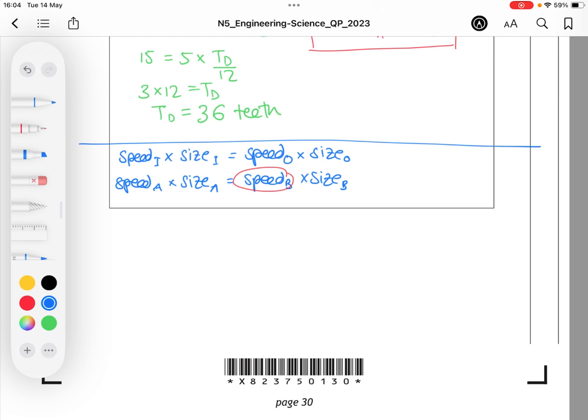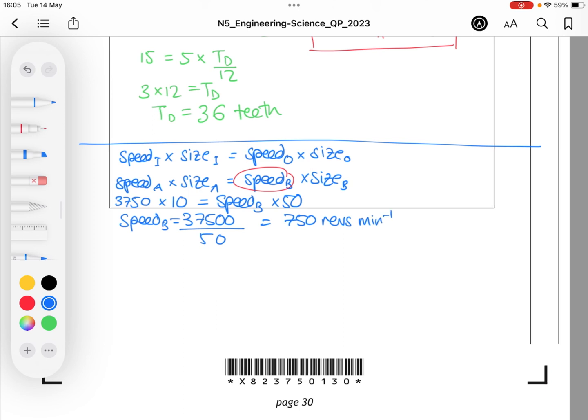So if we pop numbers in, the speed of A is 3,750, and the size of A is 10. We don't know the speed of B, but we do know its size is 50. And so that means our speed of B is 37,500 divided by 50, which means that B is moving at 750 revolutions per minute.